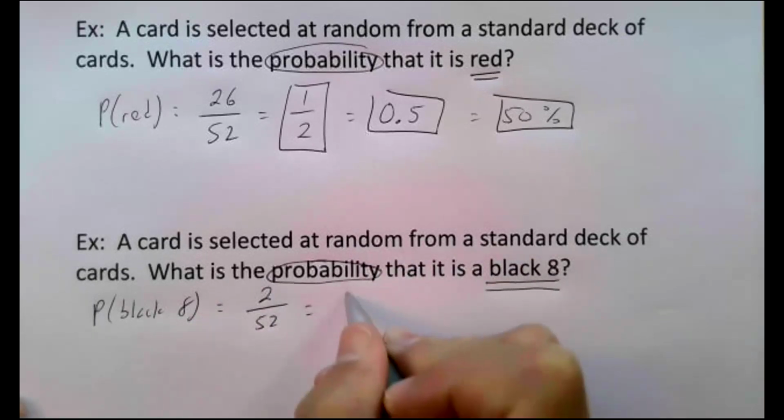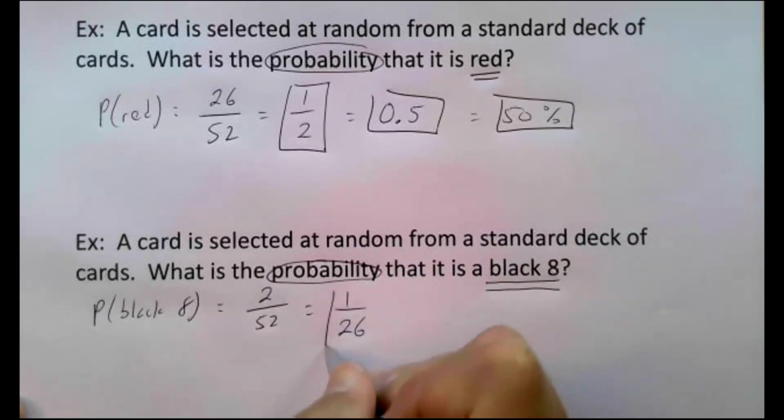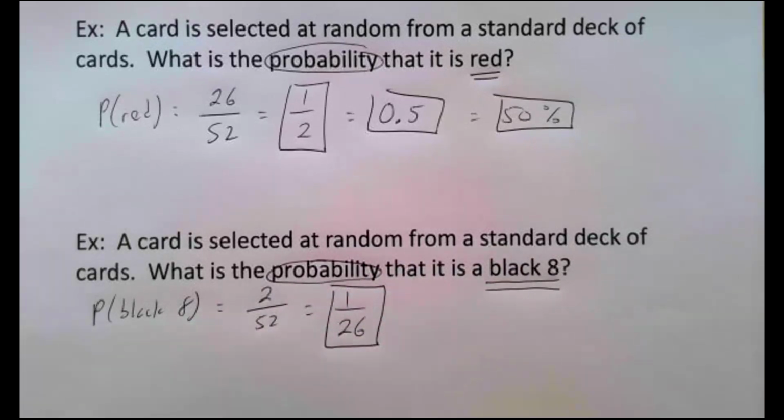You divide top and bottom by 2, you get 1 over 26. Now that's reduced form. You take 1 divided by 26, and you round off. You should get 0.0385. I know it says 4, but look at the next number, which is a 6, makes me bump up that 4 more.